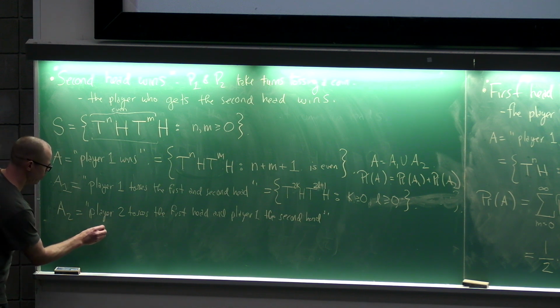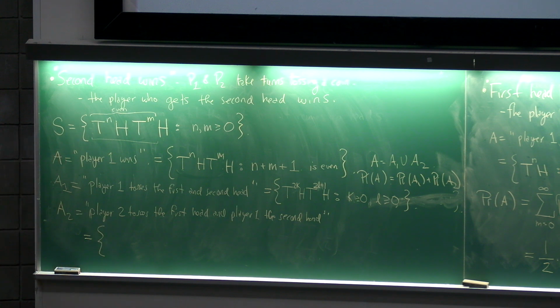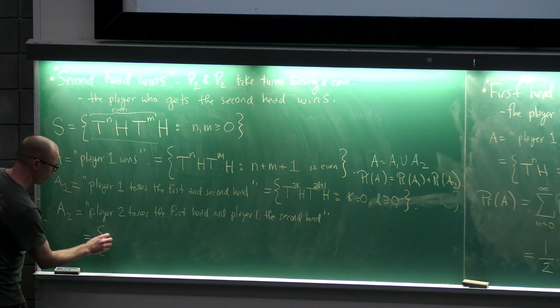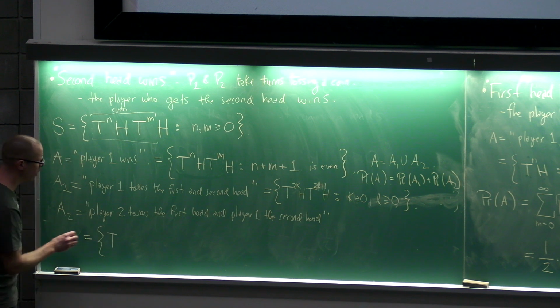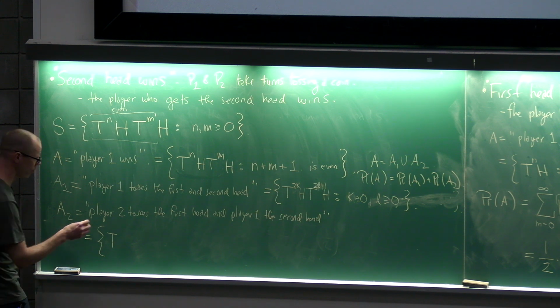And we can do the same thing for A2. Let's see what that looks like. In A2, it's the same setup, except now player 2 is supposed to be the one who gets the first head, which means that the number of tails before that first head should be an odd number, right? It could be 1, in which case the coin is in player 2's hand when it tosses the first head, or it could be 3 or 5 or so on.